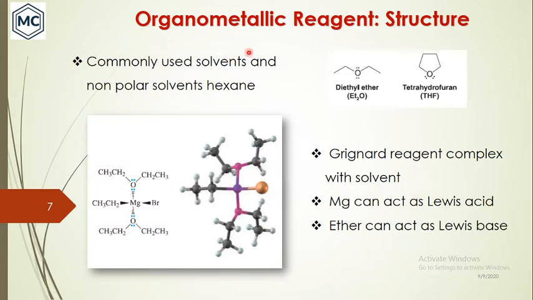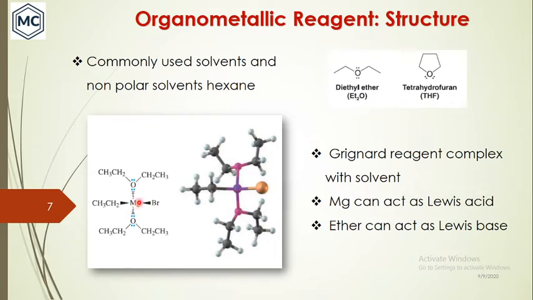And in organometallic reactions, what types of solvent are usually used? The solvents are used in anhydrous condition, which is very important. Either ethers like diethyl ether or the cyclic ether tetrahydrofuran, or non-polar solvents like hexanes are used. And how about the structure of alkyl magnesium bromide, for example ethyl magnesium bromide?